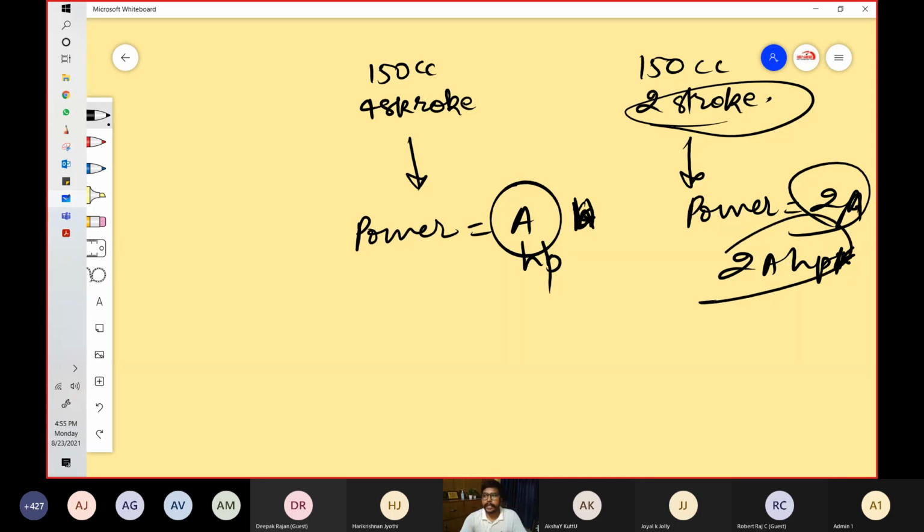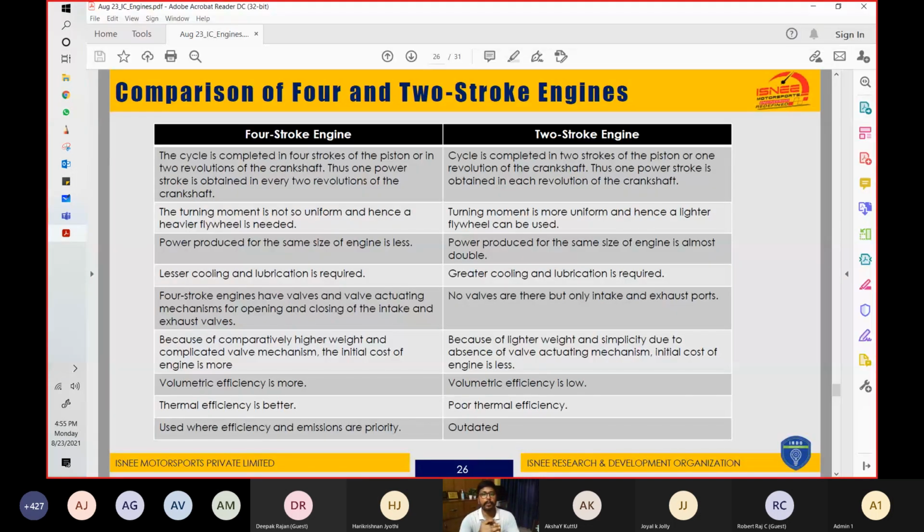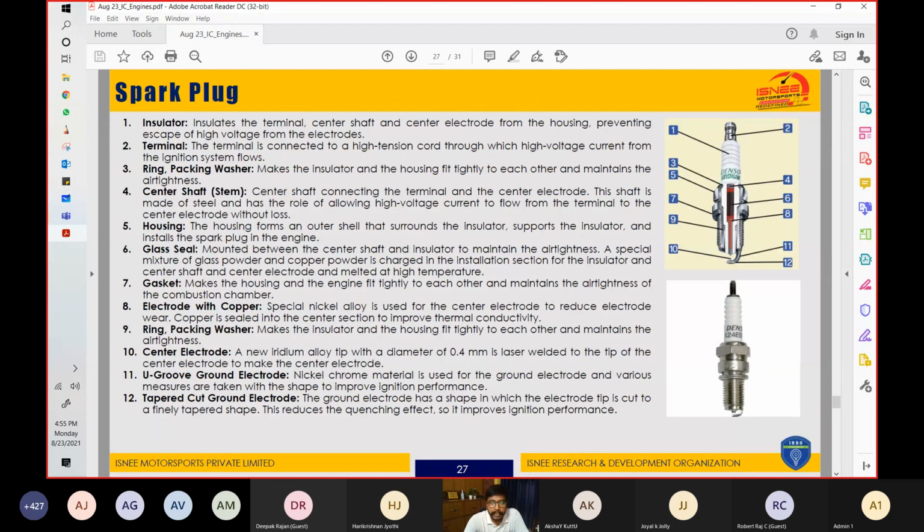This is why you might now know why 2-stroke engines are more powerful compared to 4-stroke engines, because there is a power stroke happening every revolution, whereas in a 4-stroke engine the revolution of the crankshaft happens in 2 strokes. Relatively, the two-stroke engines are more powerful, but yes, they have their own disadvantages, and because of that they are discontinued and not used widely in applications.